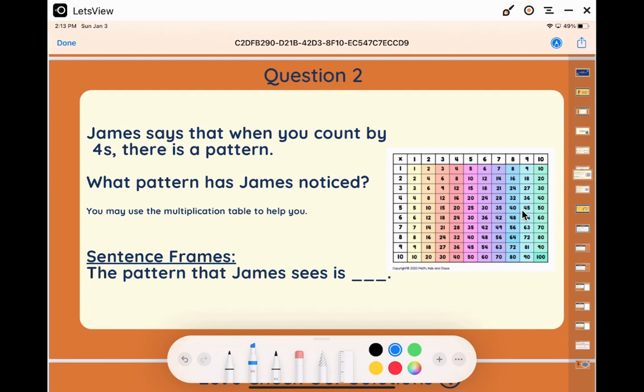James says that when you count by 4s, there is a pattern. What pattern has James noticed? Remember, you can use your multiplication chart to help you. Here are our fours. Write your answer to what pattern James sees or what pattern you see in your Nearpod at this time.